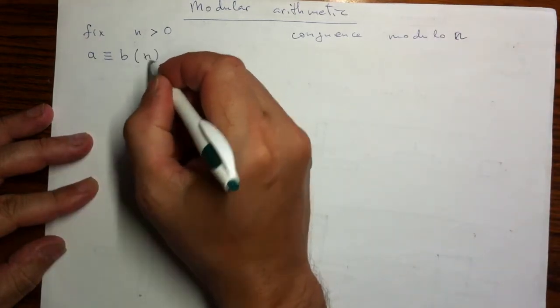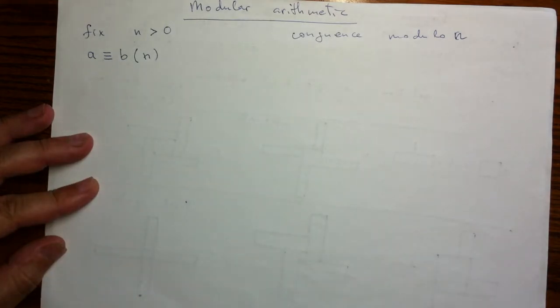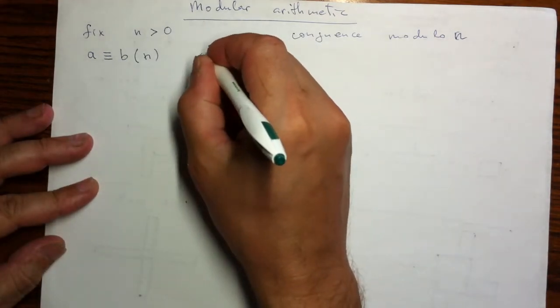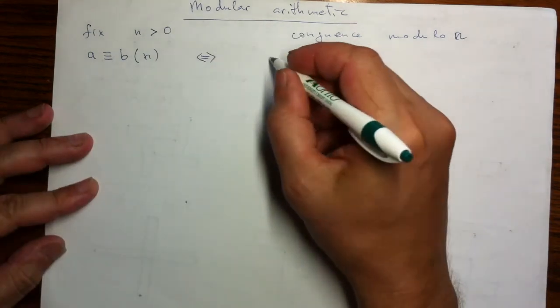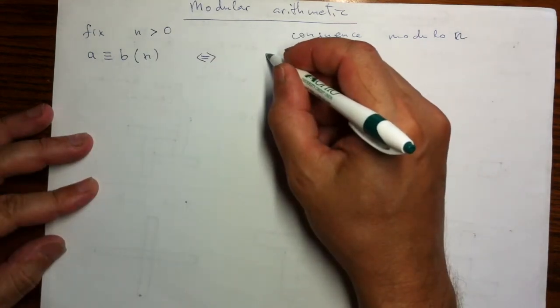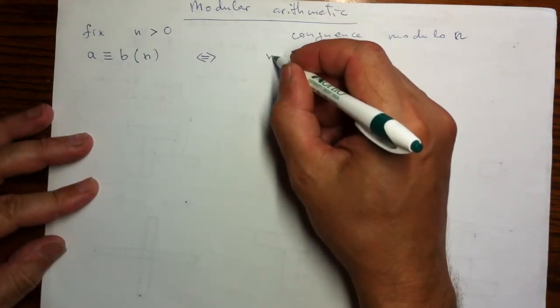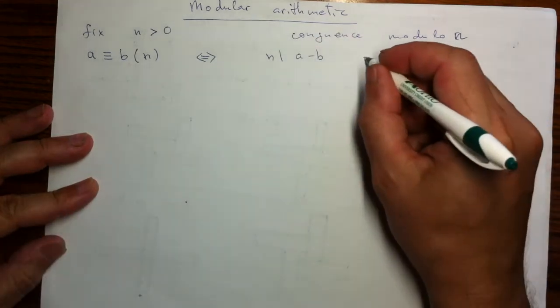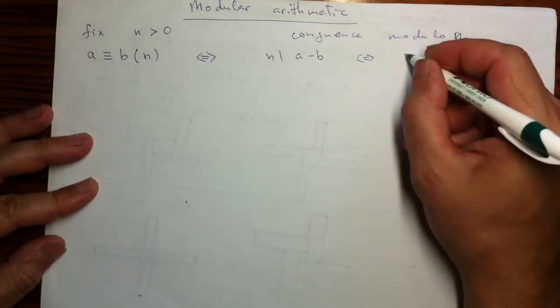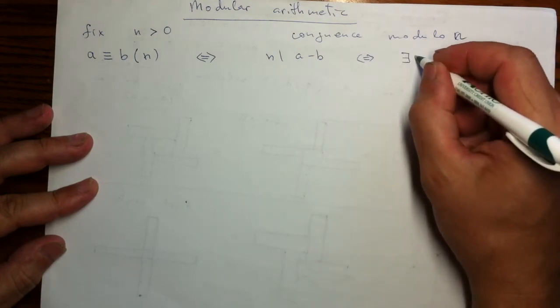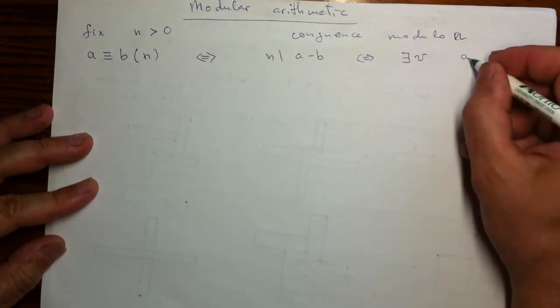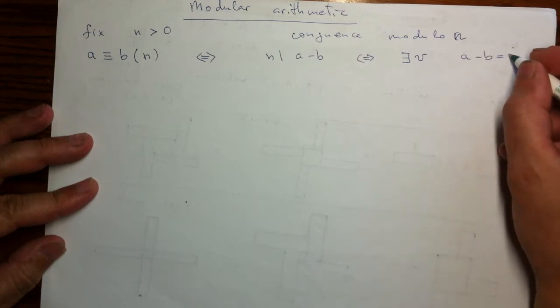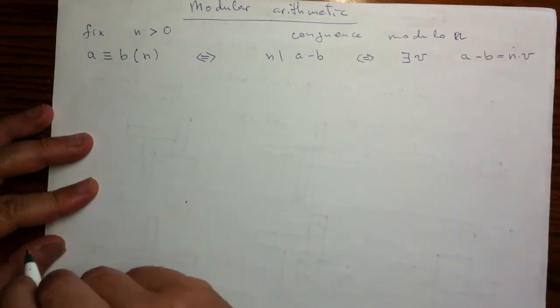I will write just n in brackets, not mod n as usual. It is defined to be the following relation: a and b are congruent if and only if n divides the difference of a and b, which spelled out means that there is some other integer, say v, such that a minus b is equal to n times v.